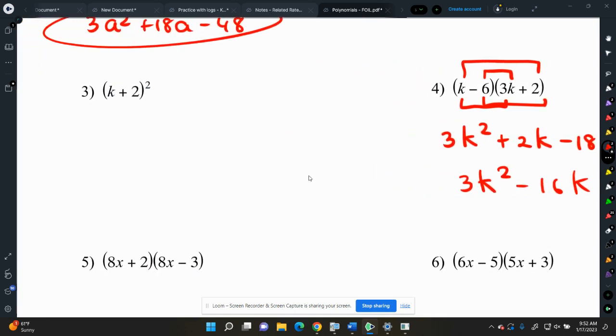Okay, let's look at number 3. So number 3, how can we approach that one? Because it looks different, right? So what can we do? Allie, what did you do? I distributed. So what does that mean if it's k plus 2 squared? What does that actually mean?